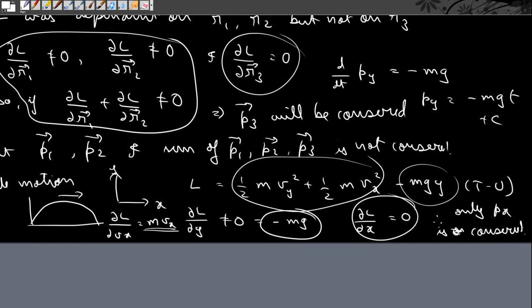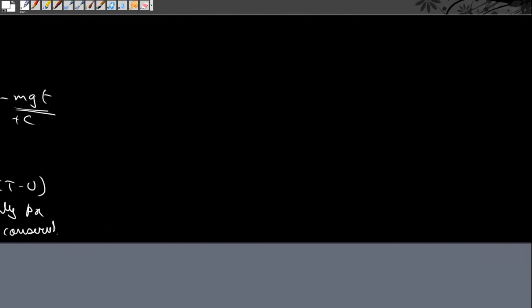So we can clearly see that the value of py changes with time, and therefore it is not conserved, which is what we observe in projectile motion. Alright, so I hope that much is clear. Let us continue.